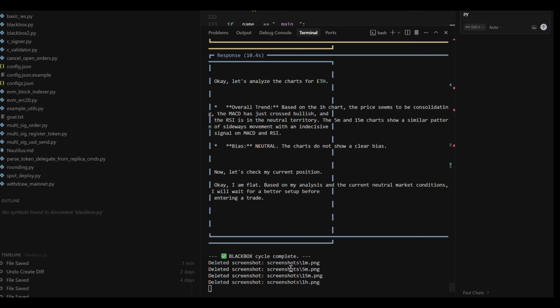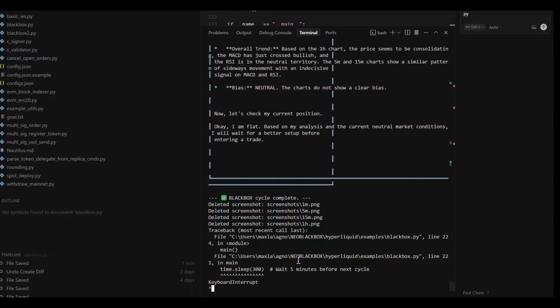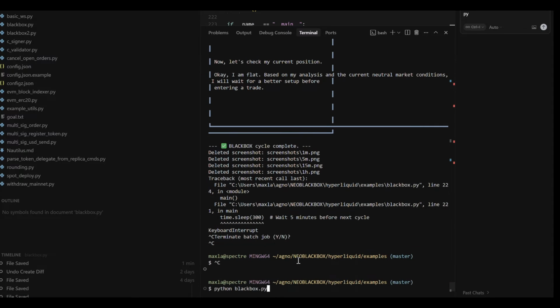So let's see what this does. Let's make this thing make a trade. Just start over. And the cool thing about starting over is I don't need to give this memory. I don't need to give it a database to work from, or even need it to remember what its past trades are.